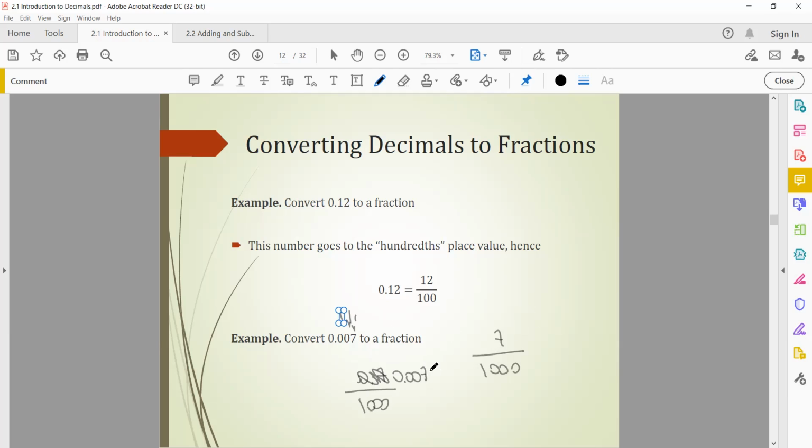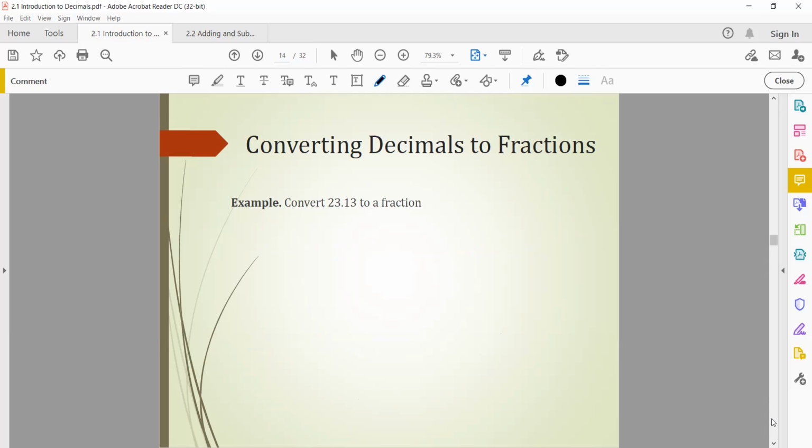Because this number right here is not the same as itself divided by 1,000, because that doesn't make sense. But it is the same as 7 divided by 1,000. So you always just use the actual digits on top. I'm trying to think of any other mistakes, but it seems like mistakes would be limited in this case. That's all I can think of for now.